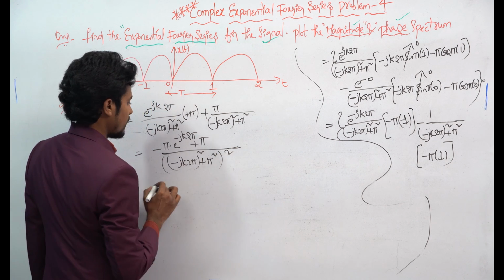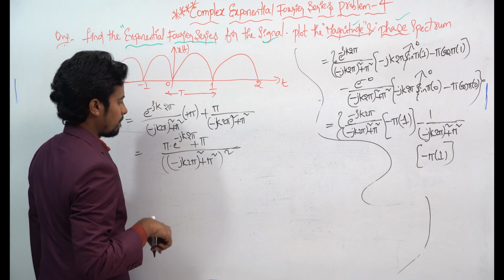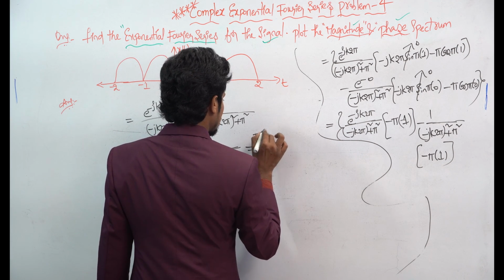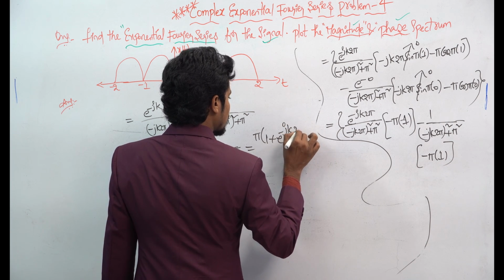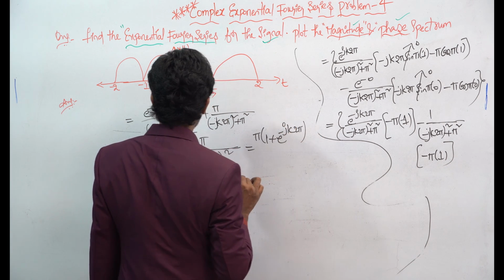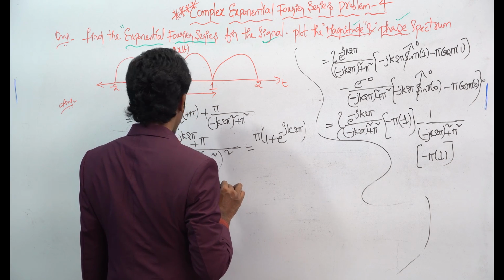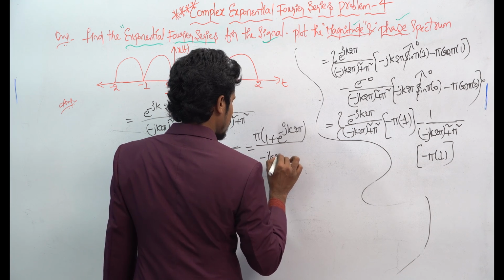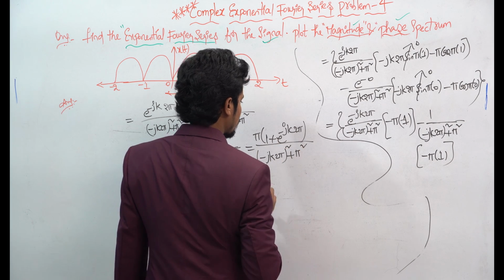Okay, so here if you take pi common, what will happen? This will become 1 plus e power minus jk 2 pi divided by (minus jk 2 pi) whole square plus pi square.